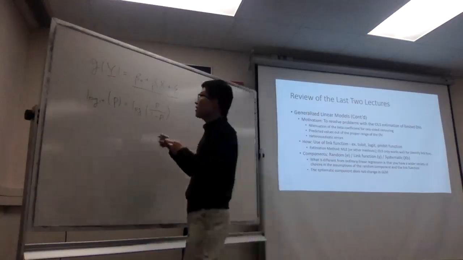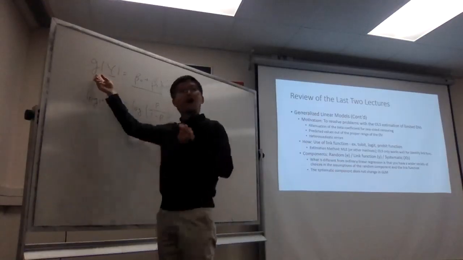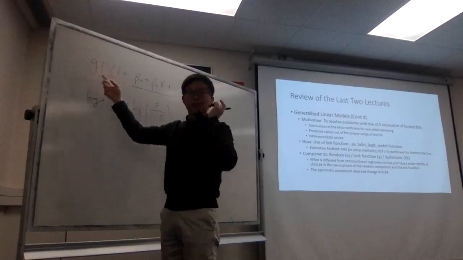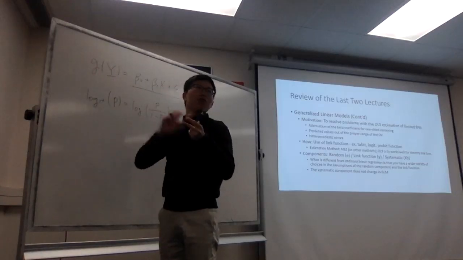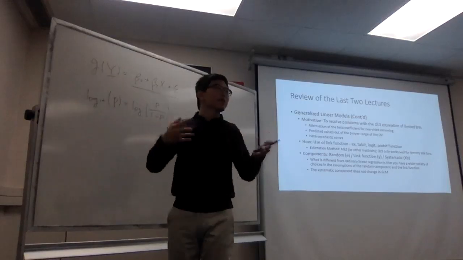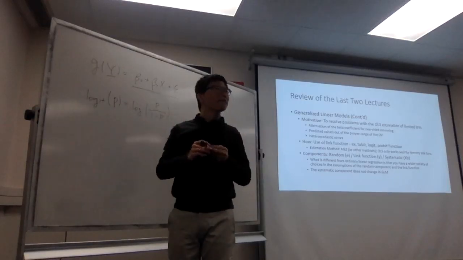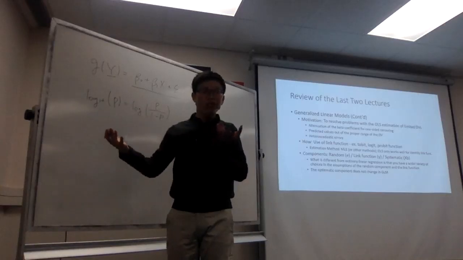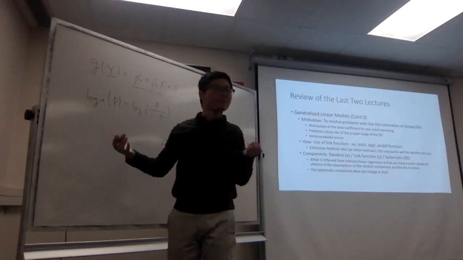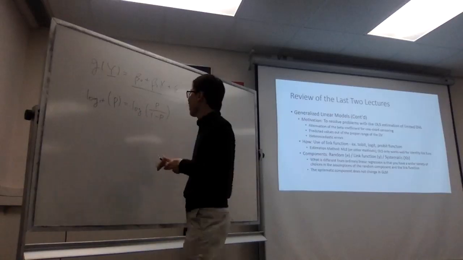So actually, if G is the identity function, which means if you put the y in it, then you will get y as a result. That's the identity function. If that's the case, it'll be exactly like ordinary regression logic, right?